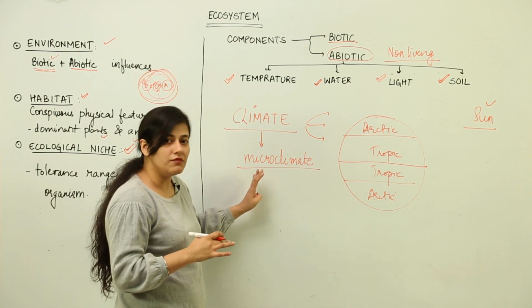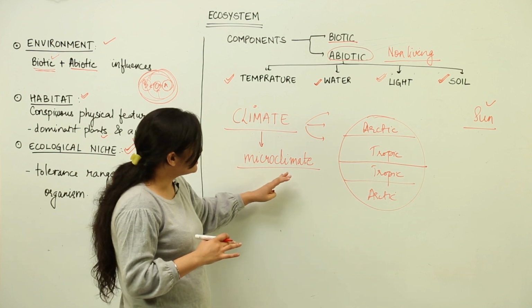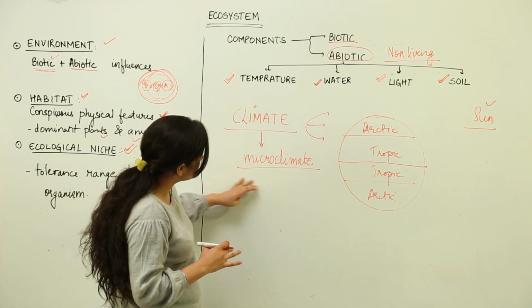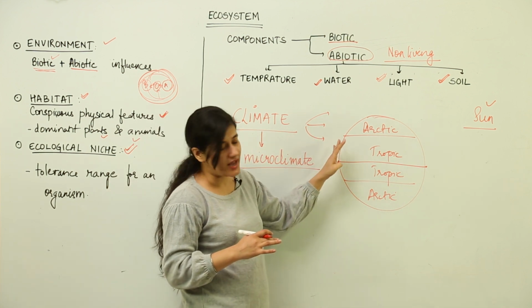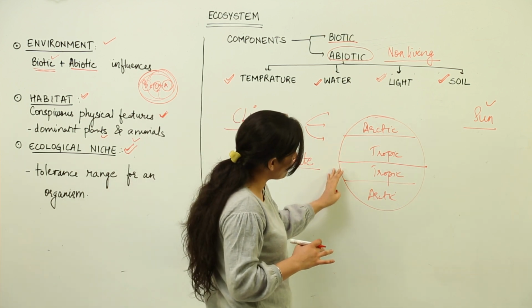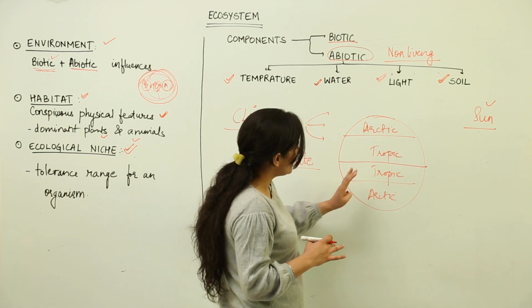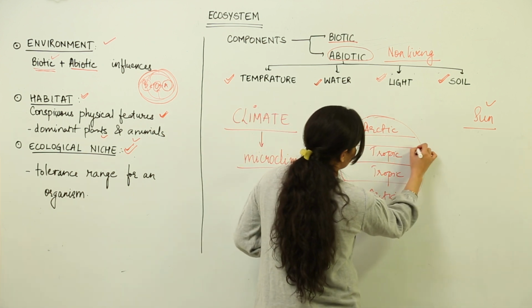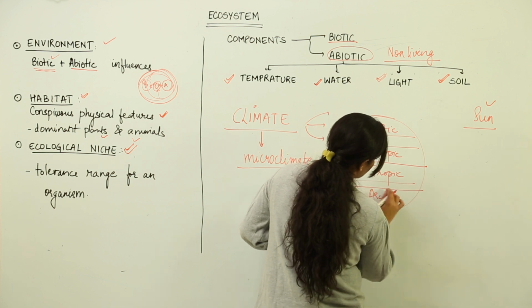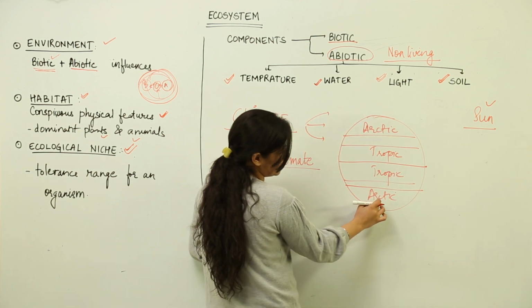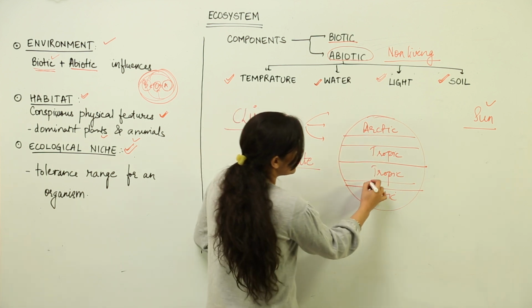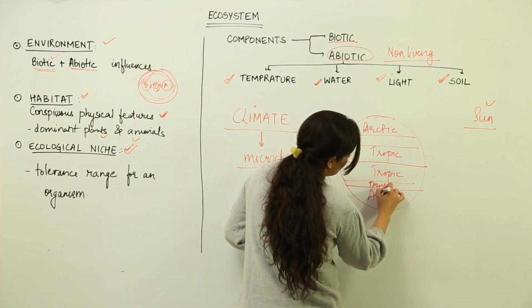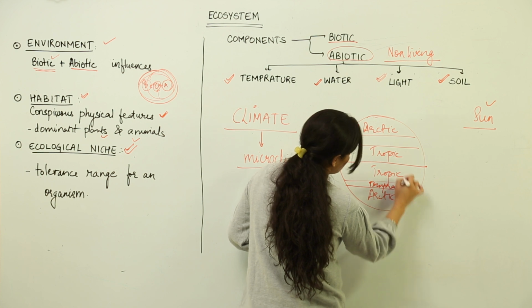Climate is the immediate environment that an organism has, the smallest unit being the microclimate. Now how is this climate influenced? Earth's geography has a role in it: we have tropical regions, and we have temperate regions as well, which are intermediate between tropic and Arctic. So this is the division of regions on Earth, and we have different climates here.